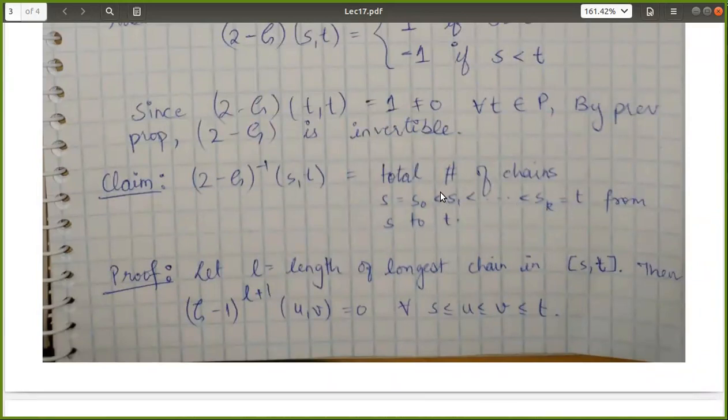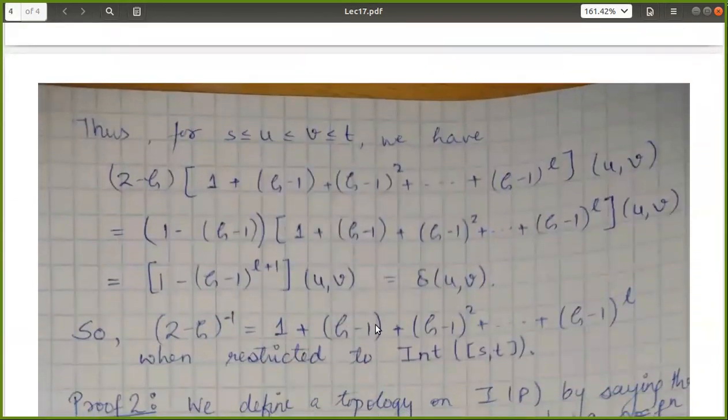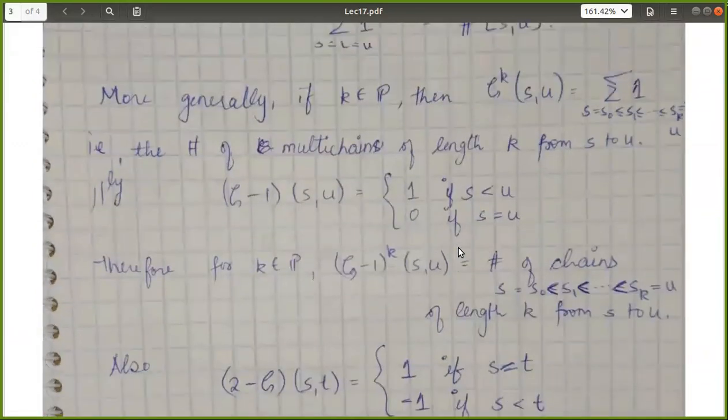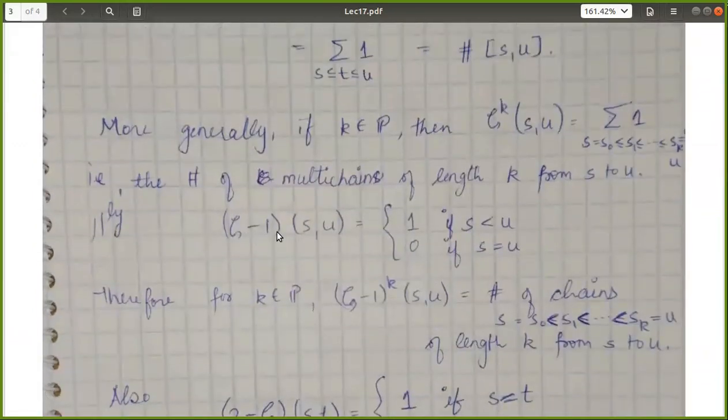And why I know that this is now a strict inequality here is because that is what my zeta minus 1 takes care of. You see, zeta minus 1 is non-vanishing only for s strictly less than u and not s less than or equal to u.